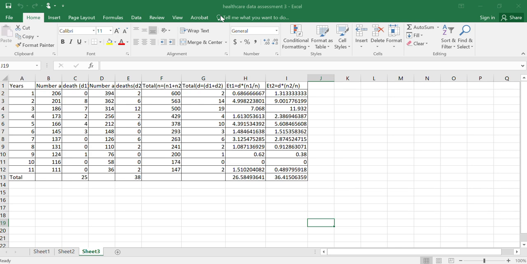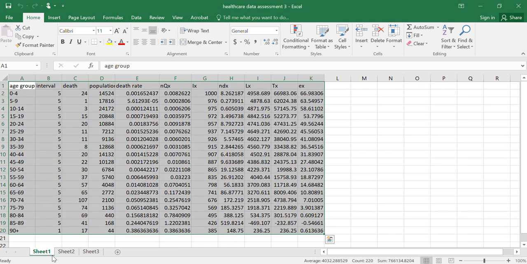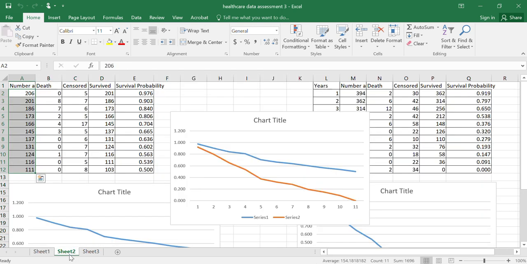I formatted tables neatly and labeled each column, such as deaths, population, survival probability, and number at risk, so that the data was easy to interpret visually.